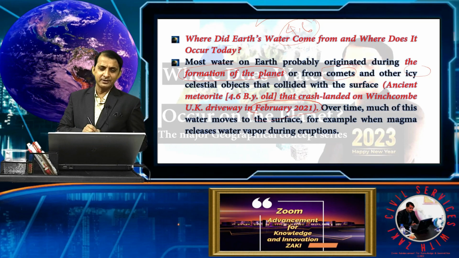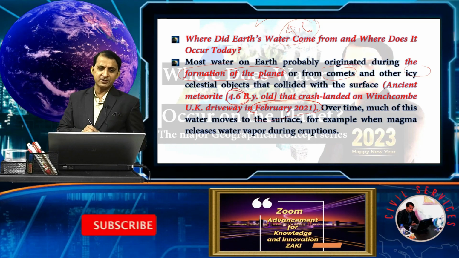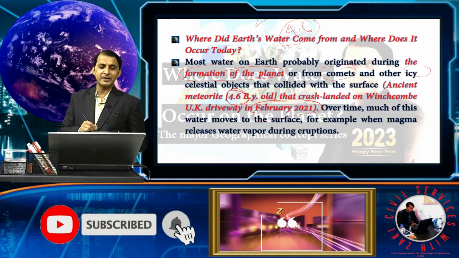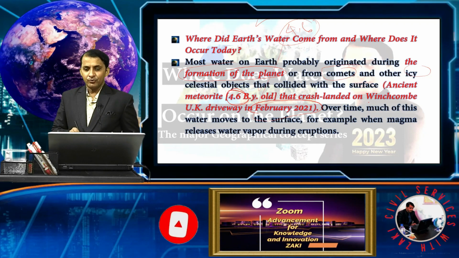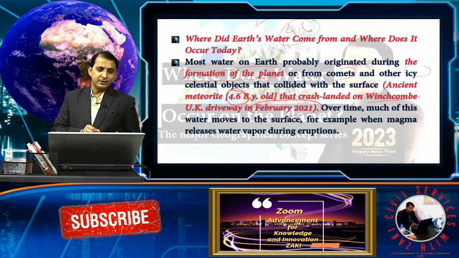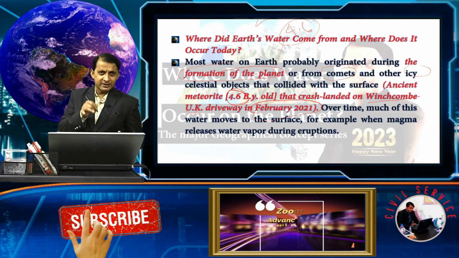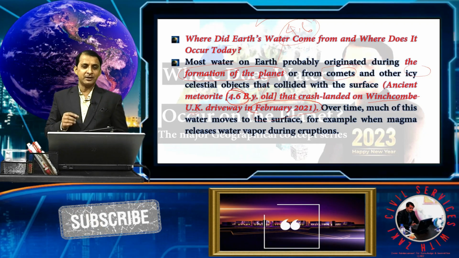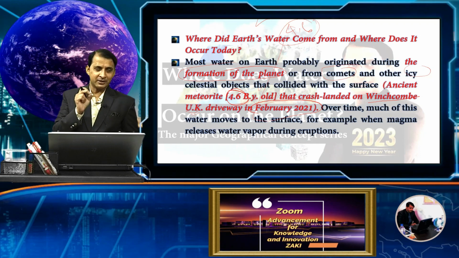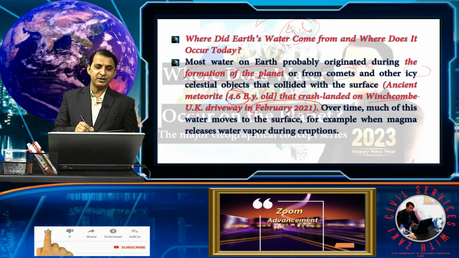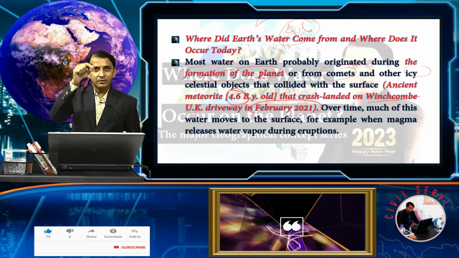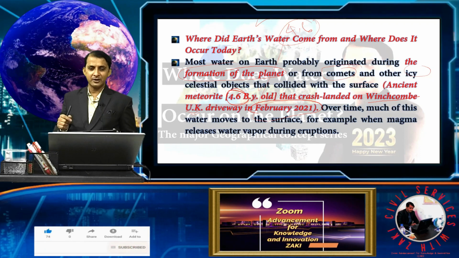An ancient meteorite, about 4.6 billion years old, as old as Earth, crash landed in Winchcombe, UK. So this UK asteroid is the most prominent evidence for the origin of the water on the Earth's surface.